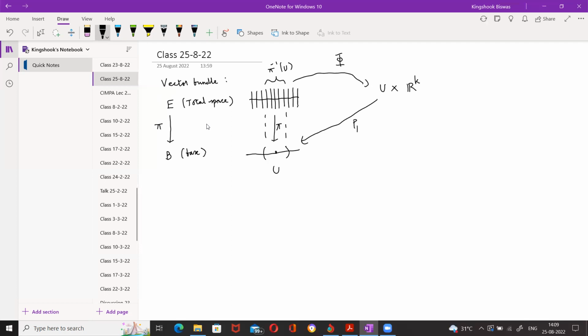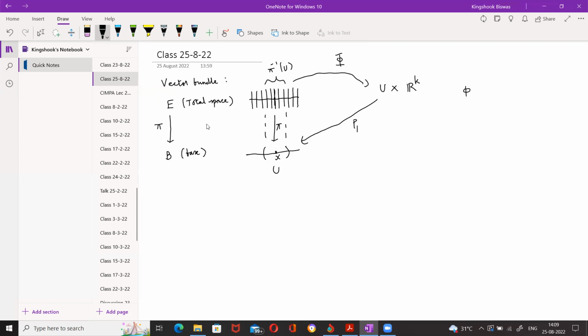So what does that mean? That means that the fiber over a point x, so this is pi inverse x, a k-dimensional vector space, maps to the fiber over x in U cross R^k, which is the singleton x cross R^k.